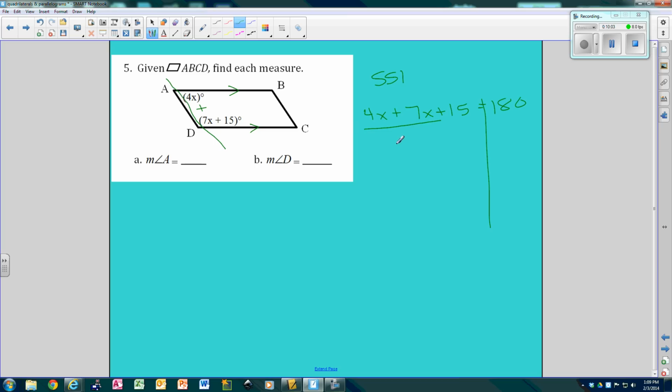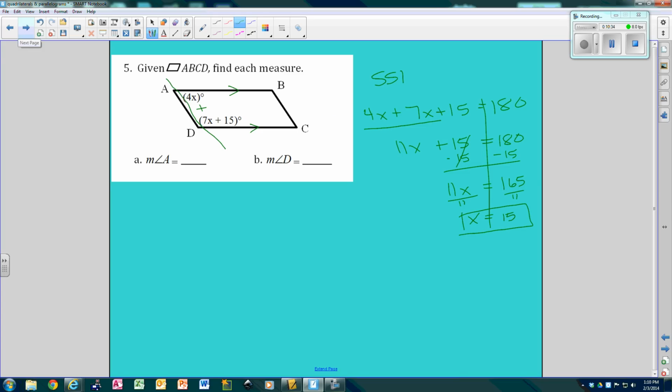I add my like terms: 11x plus 15 equals 180. Subtract the 15, so I get 11x equals 165. Then I divide both sides by 11, and I get that x is 15.